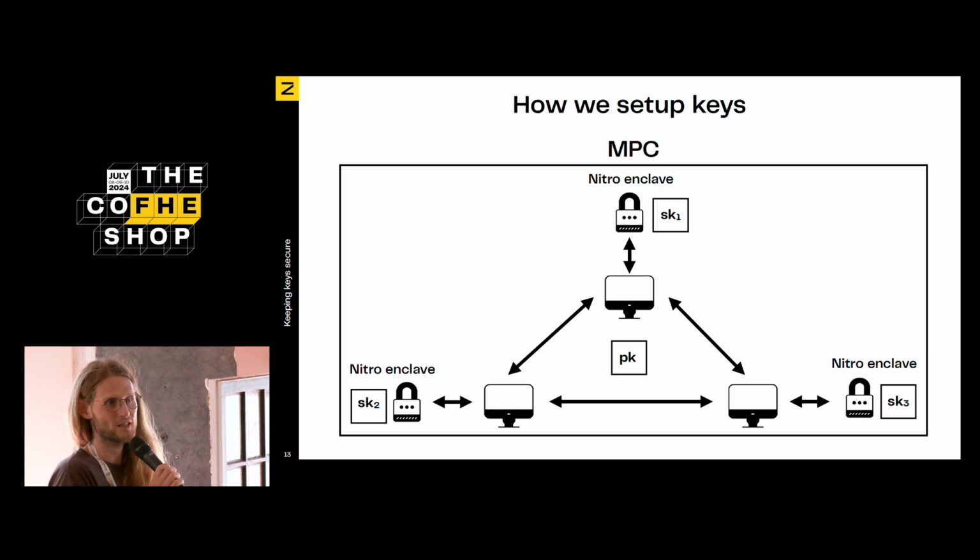We never want the secret key to exist in plain anywhere. So our MPC solution is not just for decryption, but also for key generation. We execute this whole protocol to sample a public key with key shares on each of the different machines. All of this, again, is carried out in the Nitro enclave.